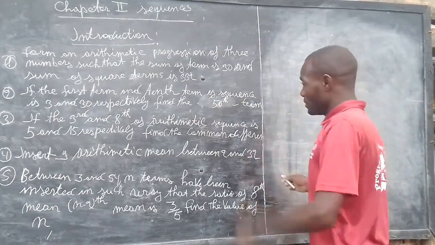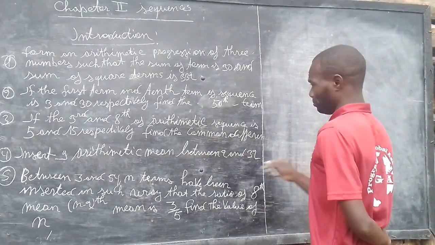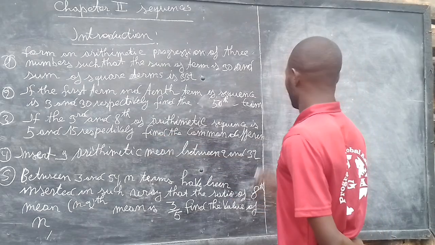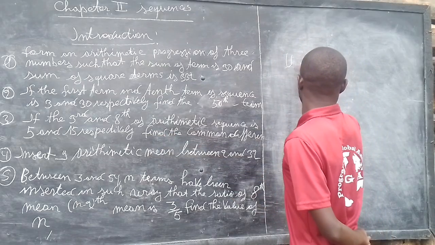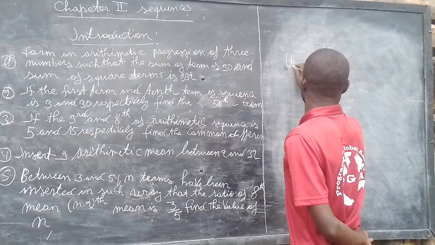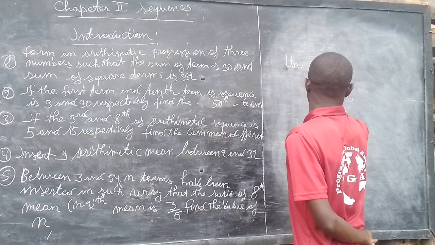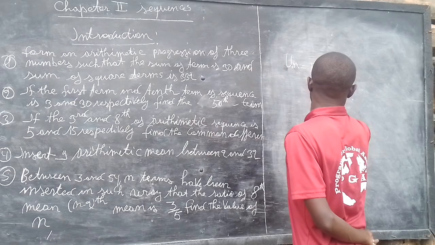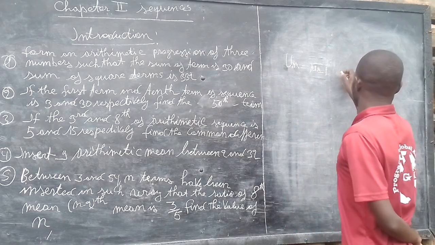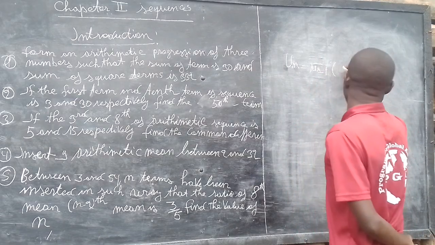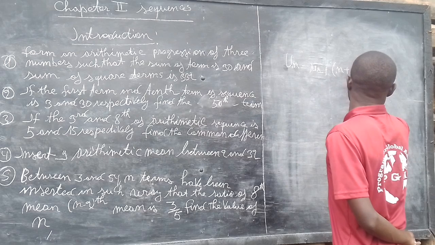You see that we have Un equal to U1 plus (N plus 2) times d.